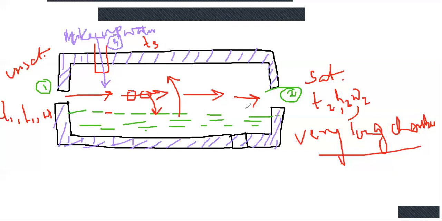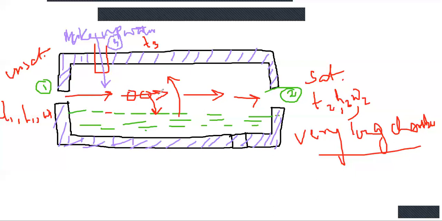During this process, because the latent heat of evaporation is taken from the air stream to the water, the temperature of the air stream goes down.